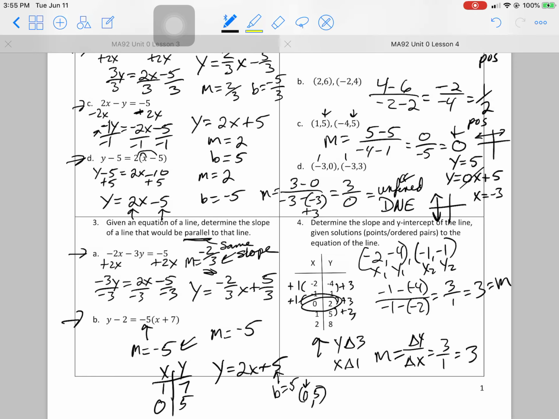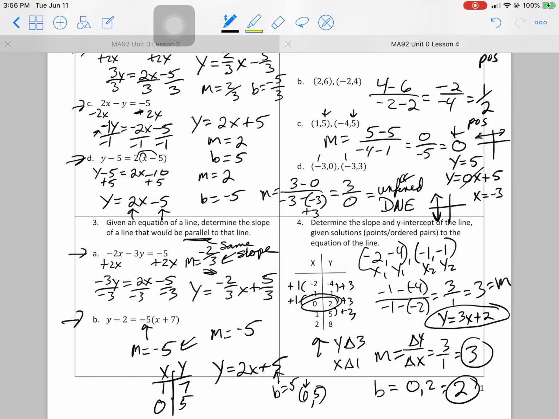So right here is the b for this problem, which is 2. So the m is 3, and the b is 2. So the formula for this is y equals 3x plus 2 is the line that this data comes from, okay?